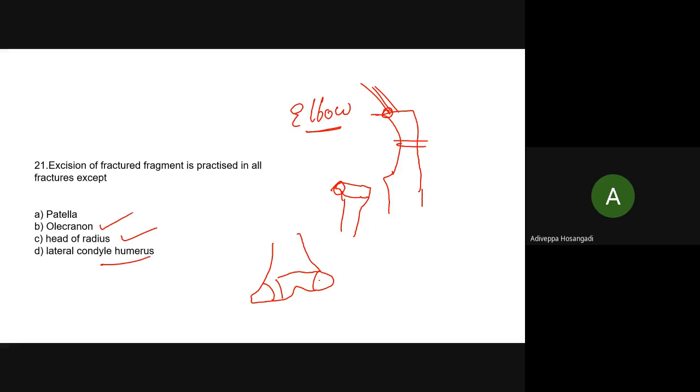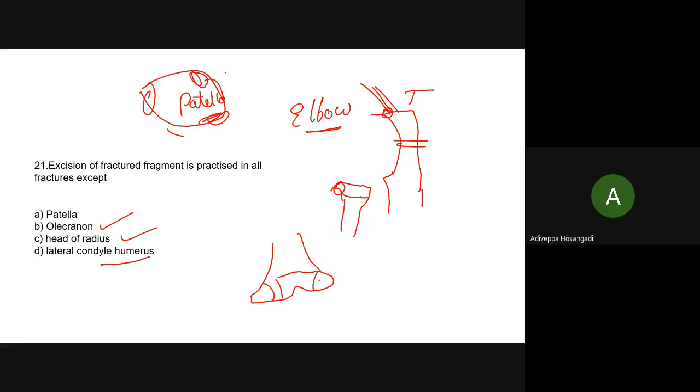In patella again, if there is a small piece fractured, you can excise and repair the quadriceps. So for all practical purposes, patella and olecranon behave the same.